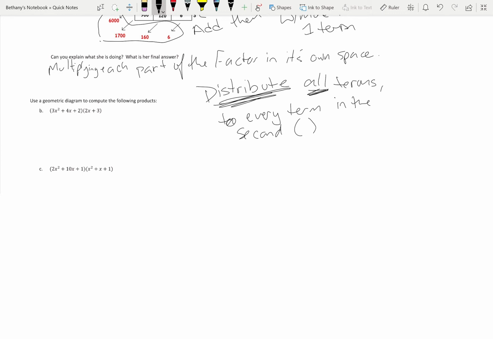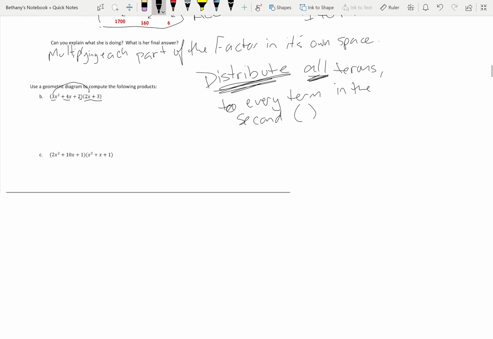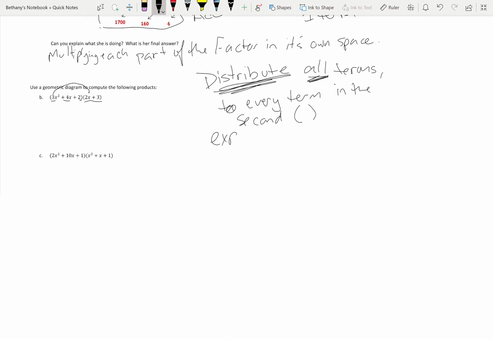So for example, if I have 3 terms right here, 1, 2, 3, I'm going to multiply each one times everything in that second parentheses. So watch, I'm going to start with 3x squared times 2x. If you forgot the exponent rule, if you're multiplying exponents, you're going to keep the base and add the exponents.